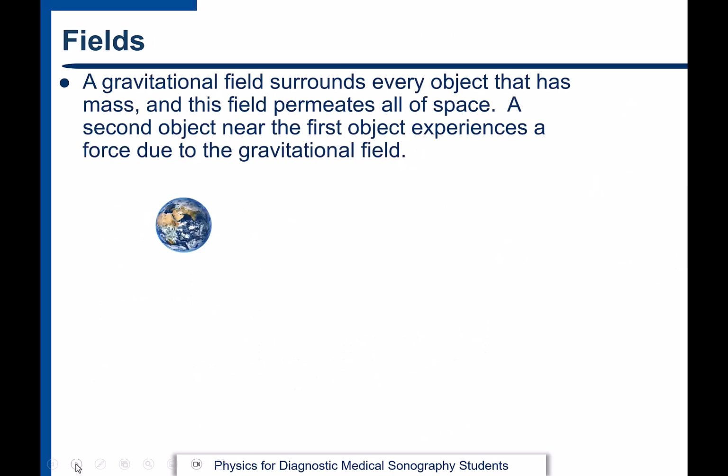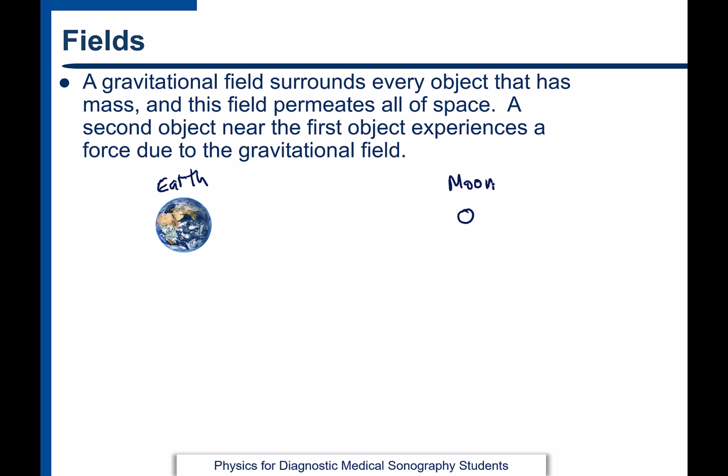The last thing I want to talk about in this video is really conceptual, and it's just about this concept of a field. The reason that in physics we introduce the concept of a field is that it helps us to understand how forces act. So in other words, we know that the Earth exerts a gravitational force on the moon, which is what keeps the moon orbiting the Earth.